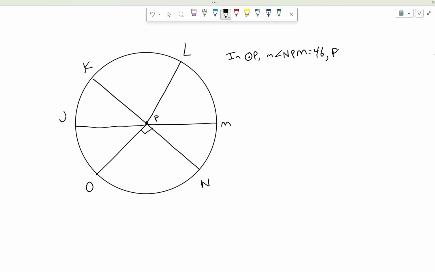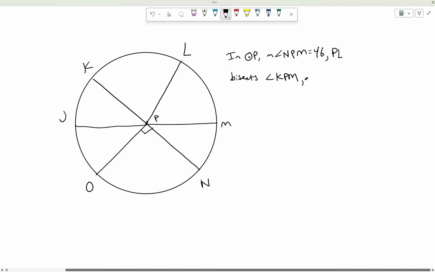PL bisects angle KPM, and last but not least, OP is perpendicular to KN, which we marked on here. So here's what we're going to be solving for.